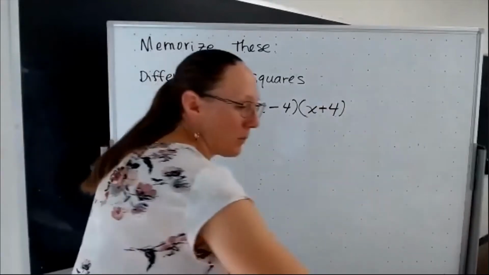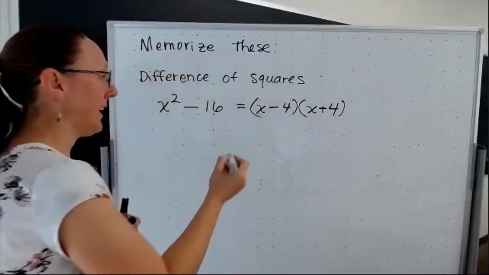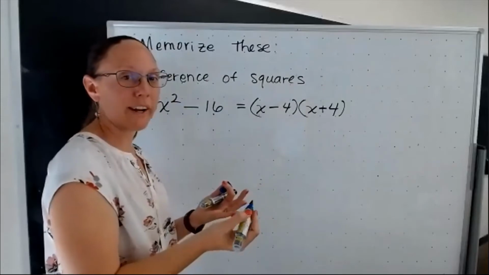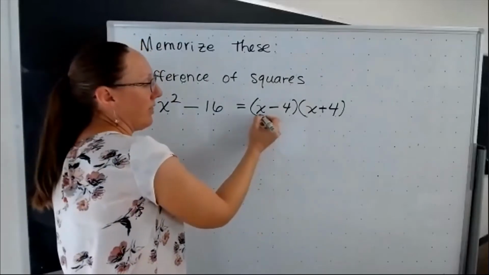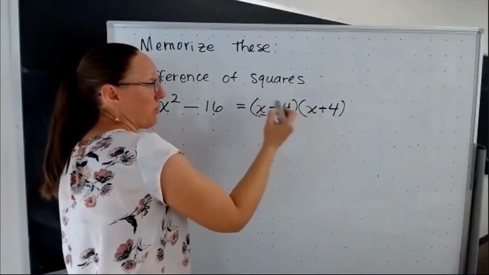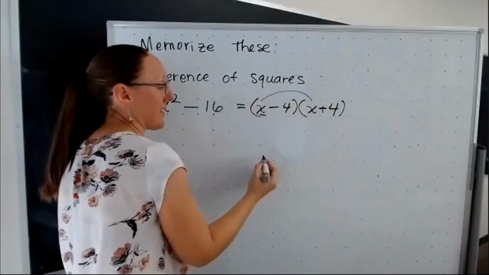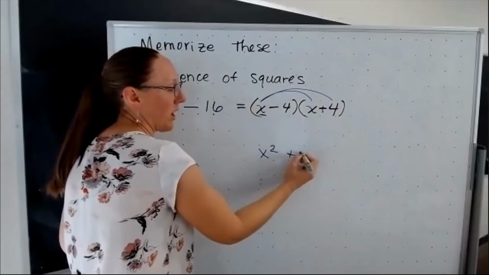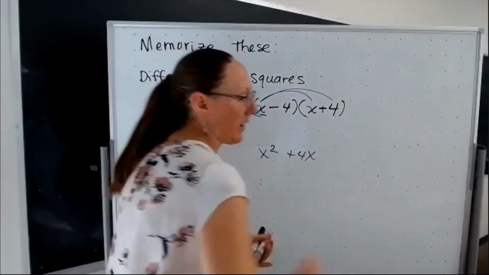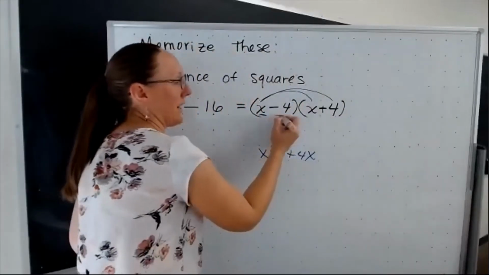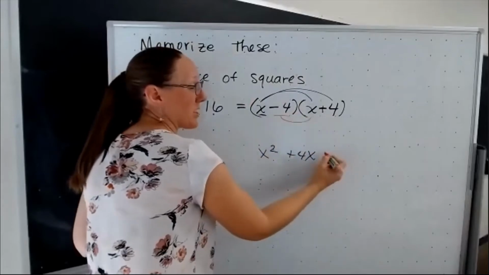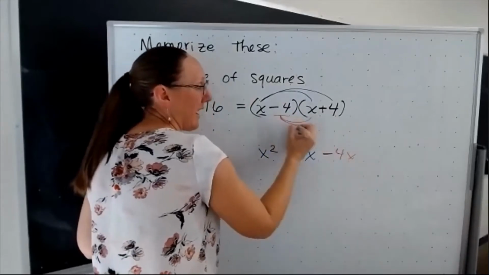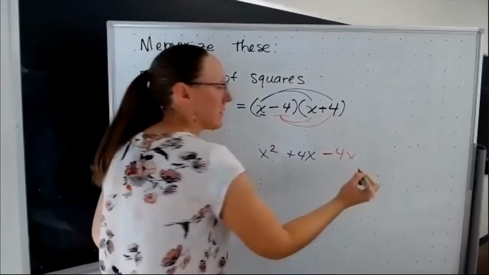Well, what's happening when we multiply that out, if I were to just check my work over here? I'll do x times x, and then x times 4, and then come through and distribute my negative 4. So negative 4 times x and negative 4 times positive 4.